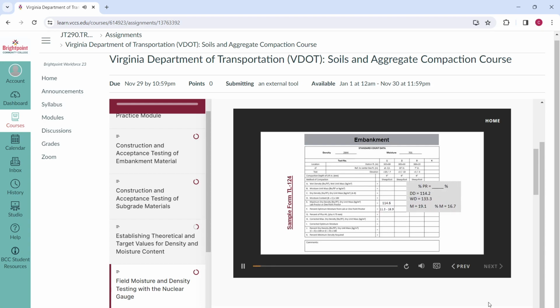We can also fill in rows A through D using the information from our nuclear gauge display panel.